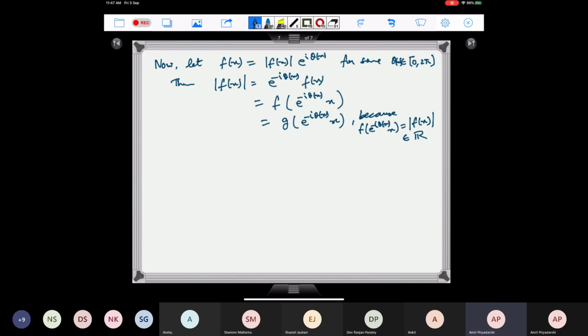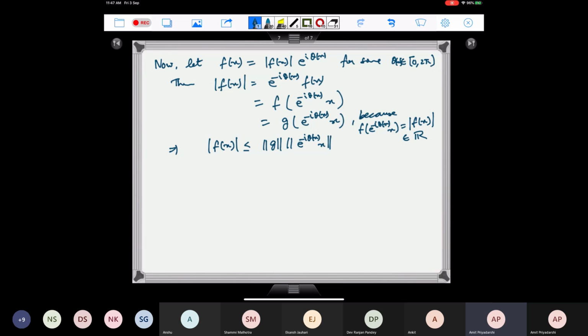So what does this imply? Mod of f of x is less than or equal to, now g of anything is less than or equal to norm g times norm of this, e to the minus iota theta times x. But this e to the minus iota theta is of mod 1.